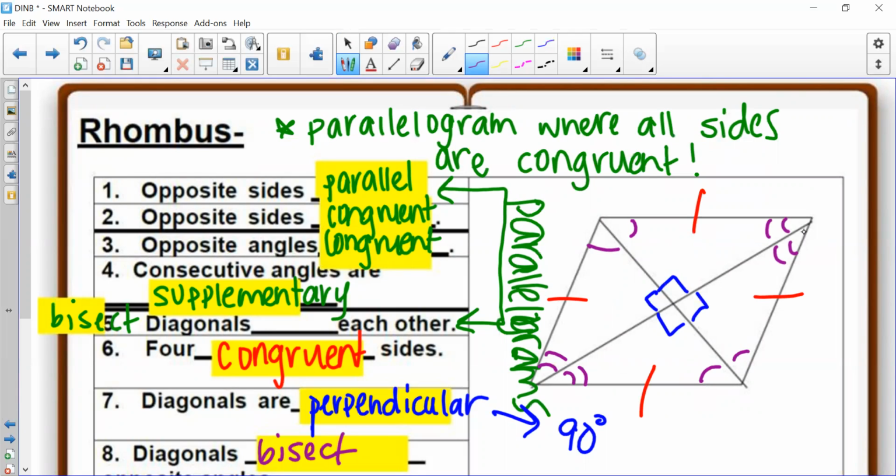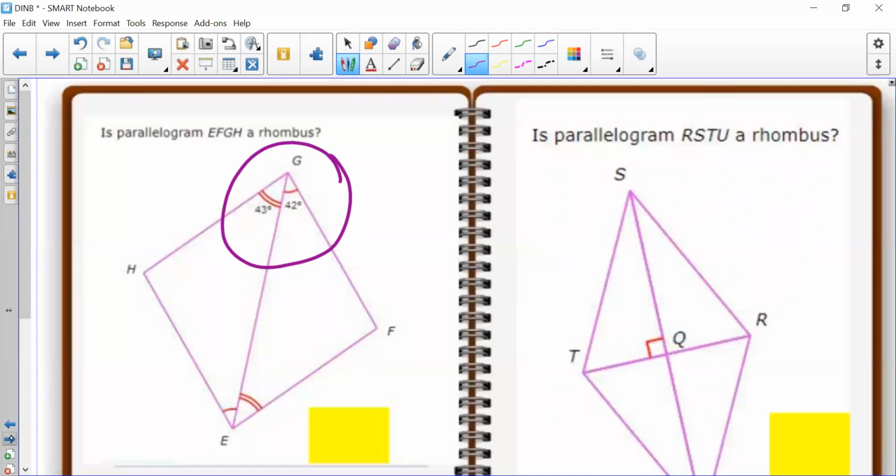They should be exactly the same. So this is not a rhombus because 43 and 42 are not the same. Now, if they had told us they were both 43, then yes, it would be a rhombus. Or if they had told us they were both 42, it would be a rhombus. But this goes against one of the properties. So this is not a rhombus.